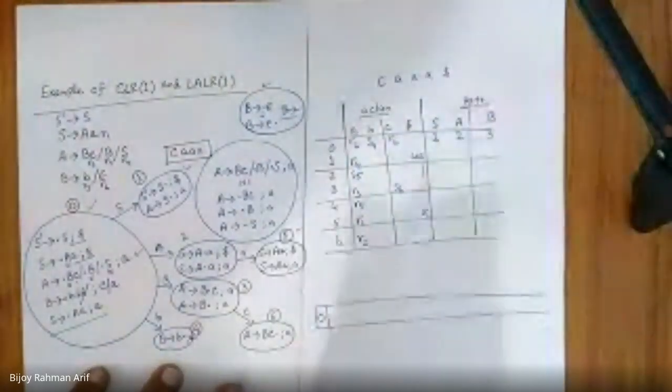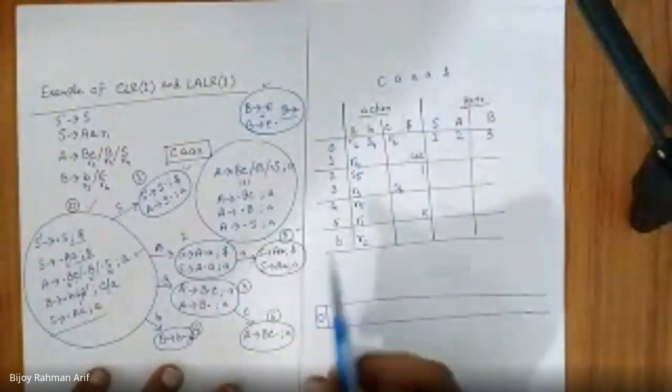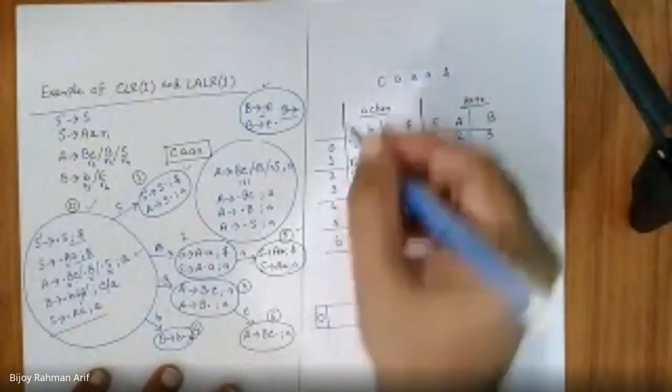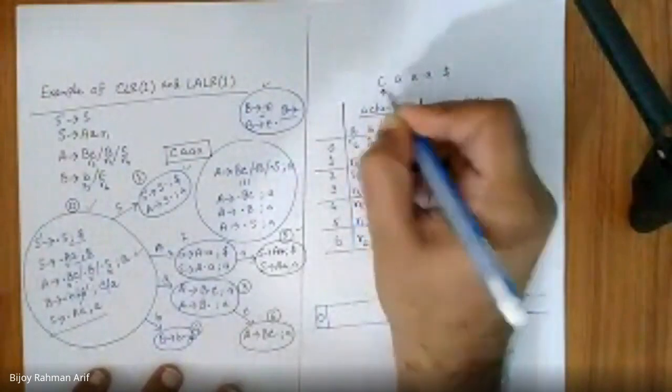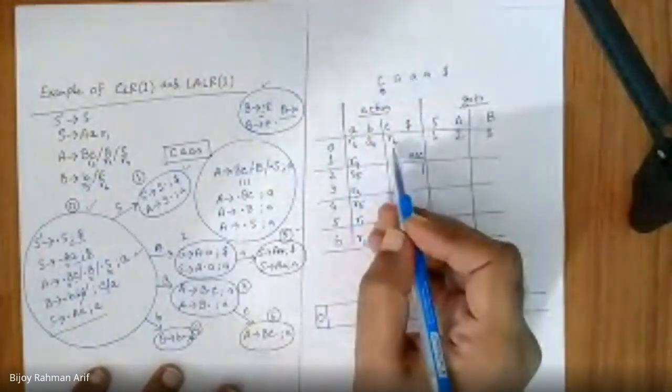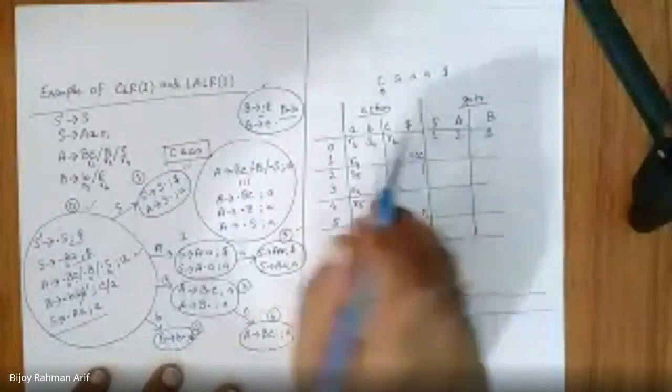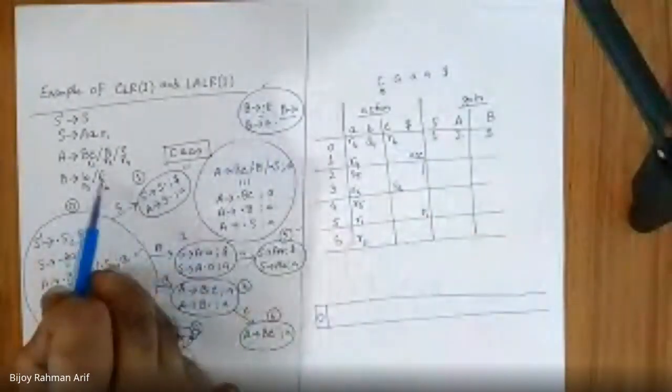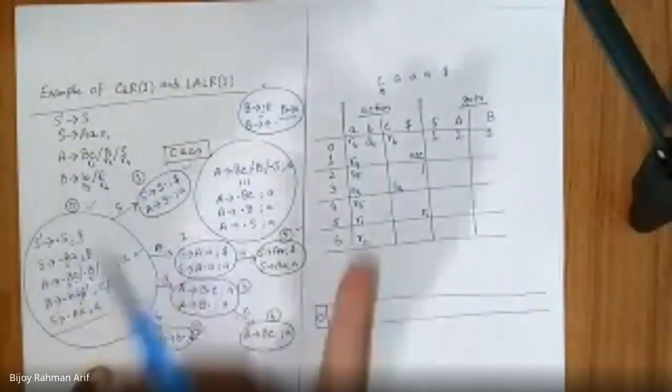Now look carefully at the movement. 0 seeing C, what is the entry there? Reduce 6. Now, what is rule number 6? Epsilon reduced to B. So what can I do?